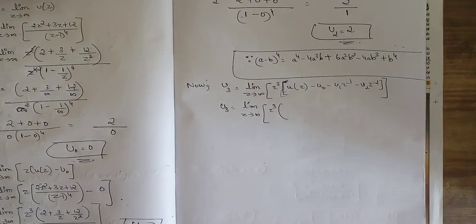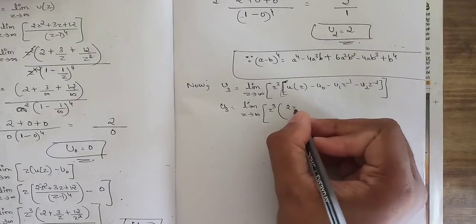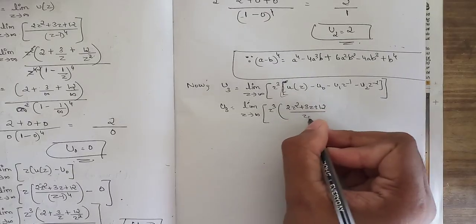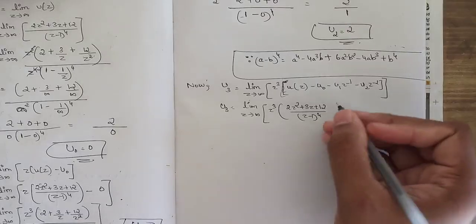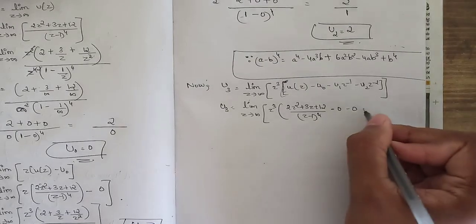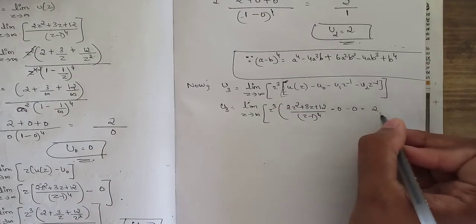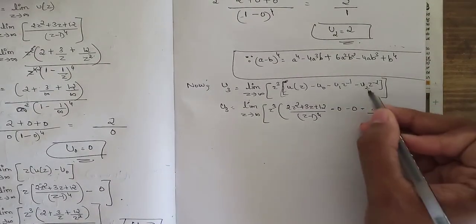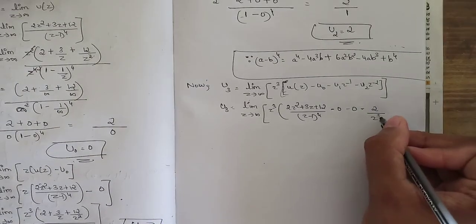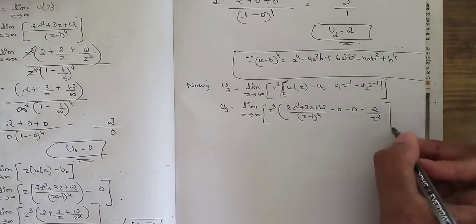z cube remains outside. u of z is (2z square plus 3z plus 12) divided by (z minus 1) whole to the power 4, minus 0 minus 0 minus 2 by z square. u2 is 2, right, and z to the power minus 2, let's bring it to the denominator, so it becomes 2 by z square.